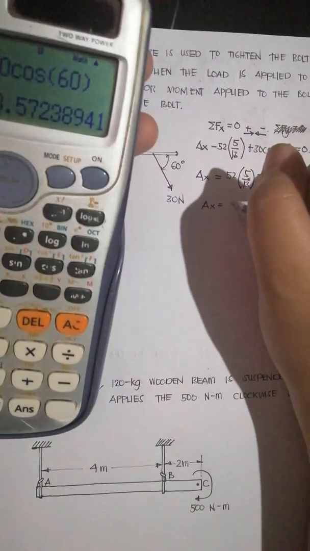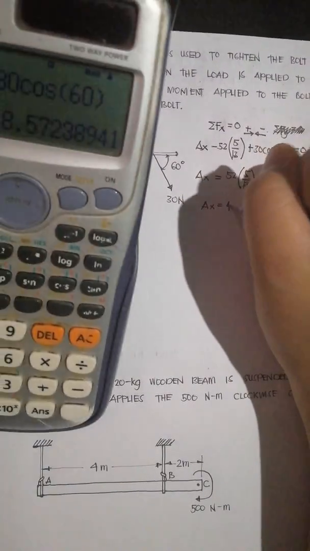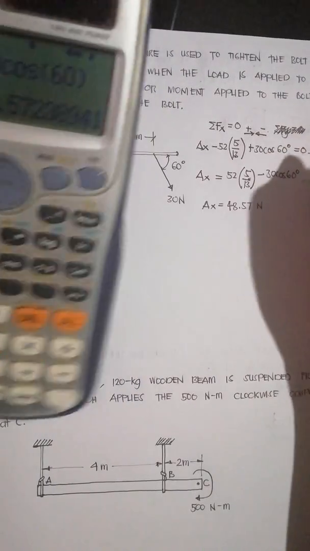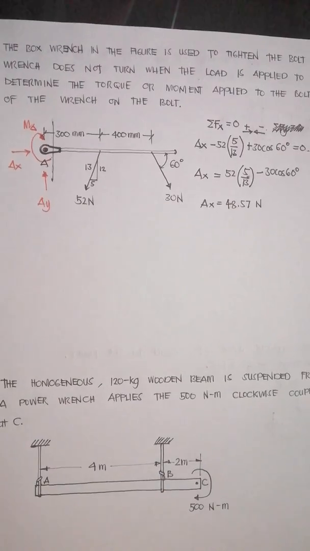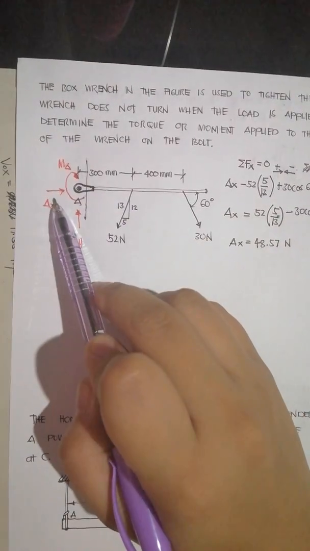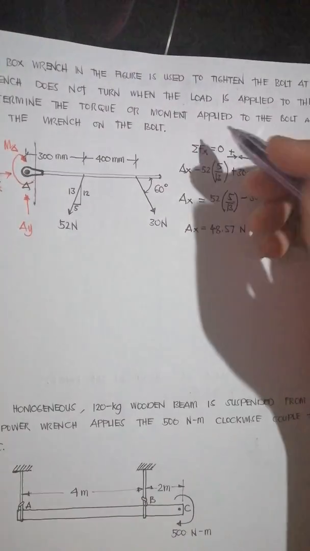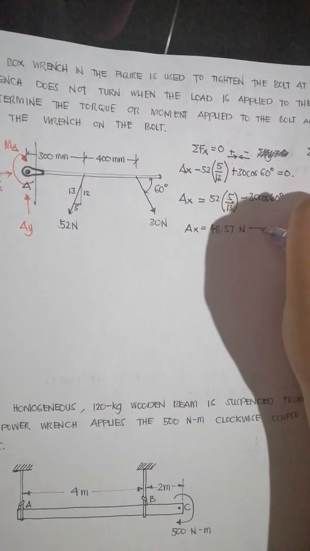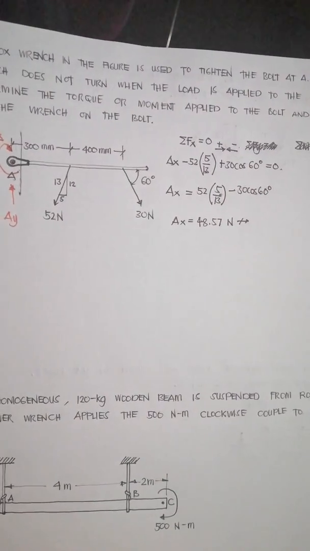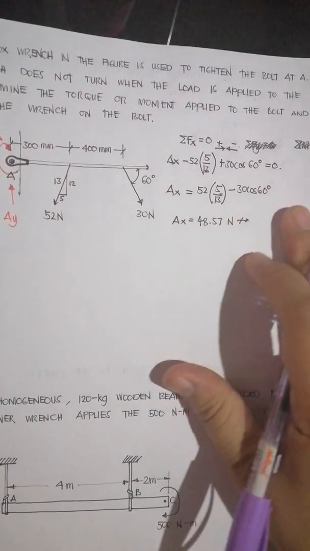Now we have 48.57 Newtons. Since the result was positive, we are correct that Ax really is acting to the right. So we'll give a direction to the right. For every reaction, we always give the direction.